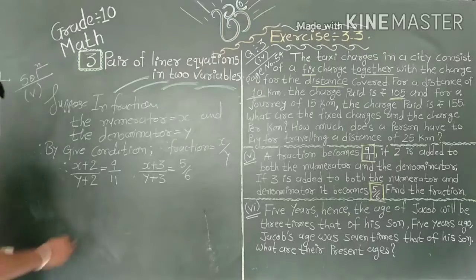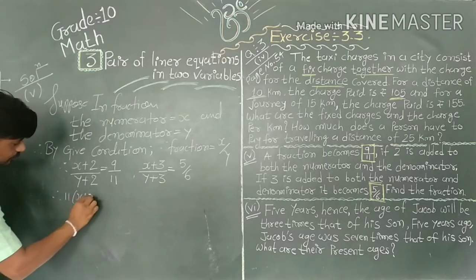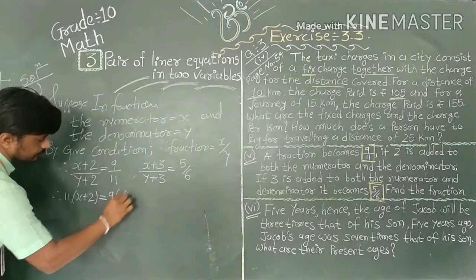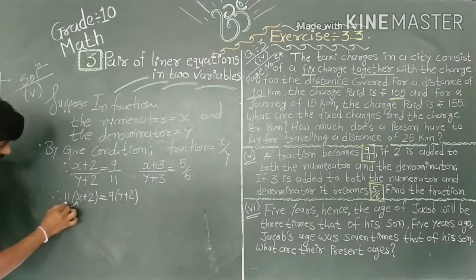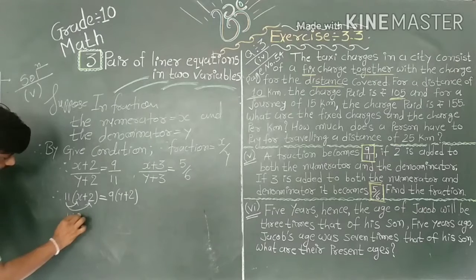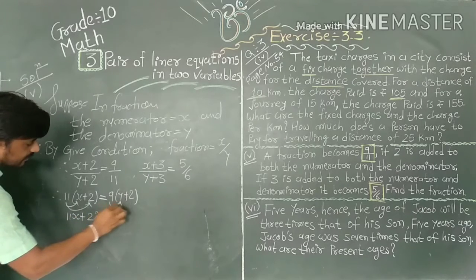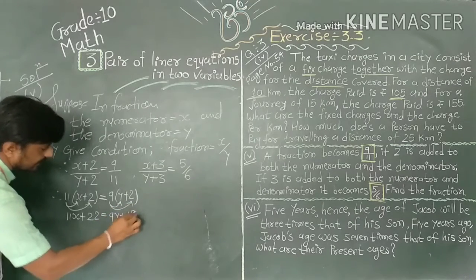Okay. Now what happened? Do cross multiplication here. Therefore, 11 into (x plus 2) is equal to 9 into (y plus 2). Now open the bracket. 11x plus 22 is equal to 9y plus 18.